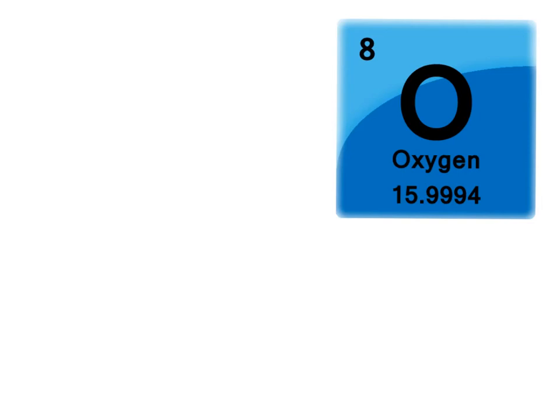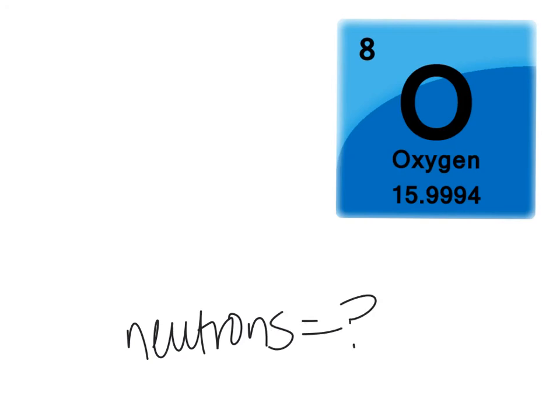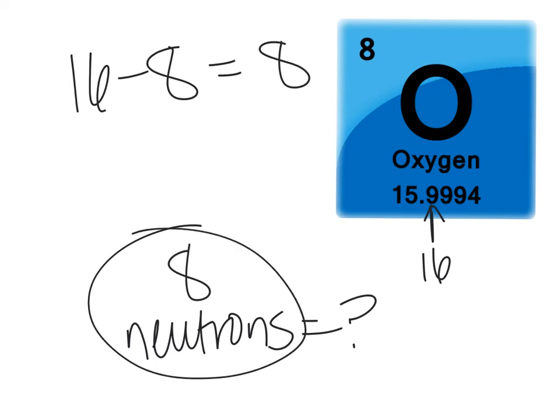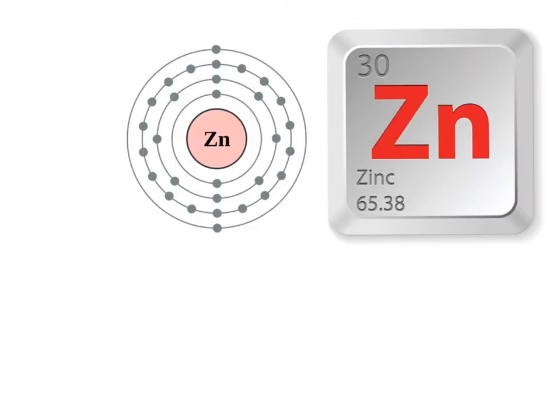Oxygen. Pause the video and try to figure out how many neutrons are in oxygen. This number is greater than 5, so this is really 16. So it's 16 minus 8 equals 8. There are 8 neutrons. Did you get that right? 2 more.